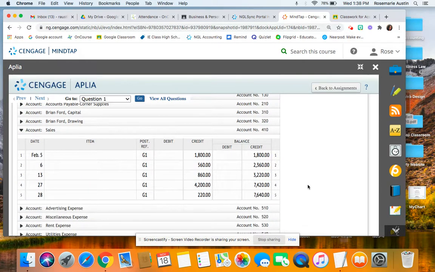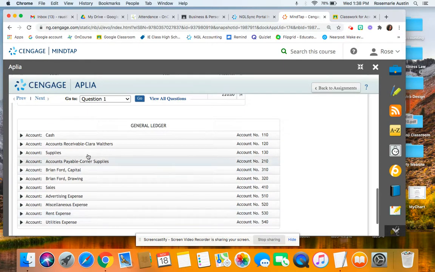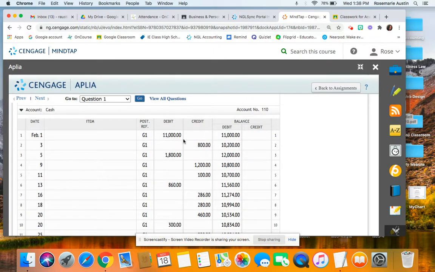Yes. All right, so just keep in mind, the sales is done and cash is done. The other ones you should be able to get. Let me just open up the cash though and remind you. Whatever you put in the general ledger for the first transaction, just carry that over to the balance columns.